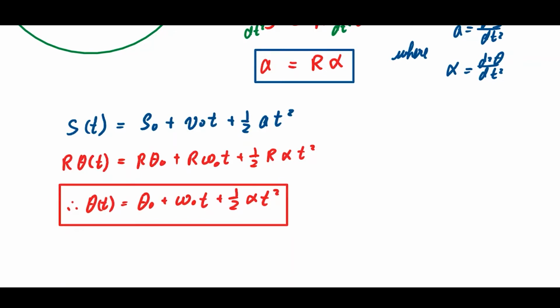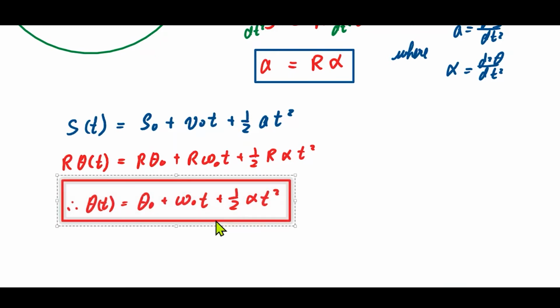You know what I'm saying? And that's amazing. That's one of those amazing things about this in physics. So angular rotation theta will obey exactly the same equations of kinematics. Huh. Questions?